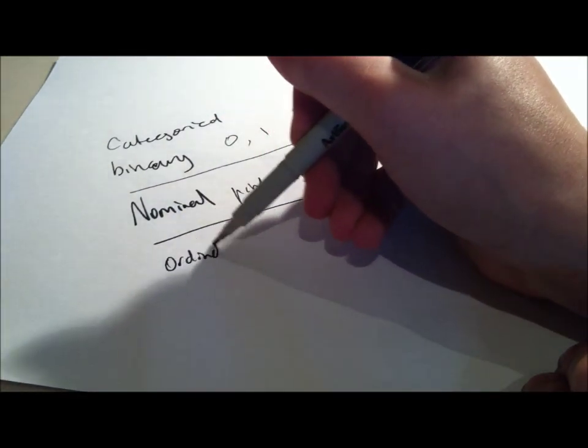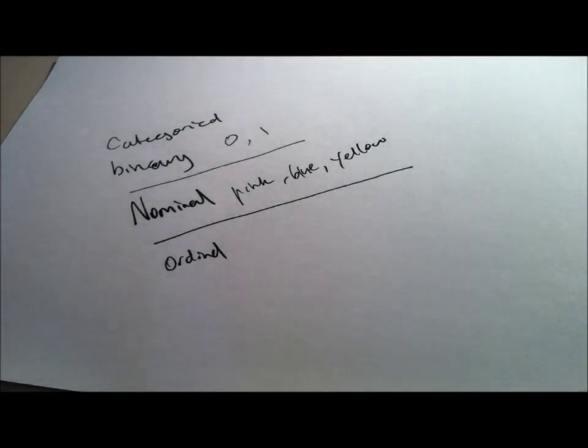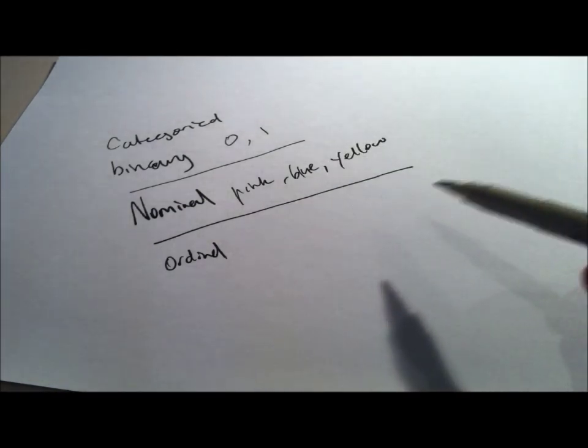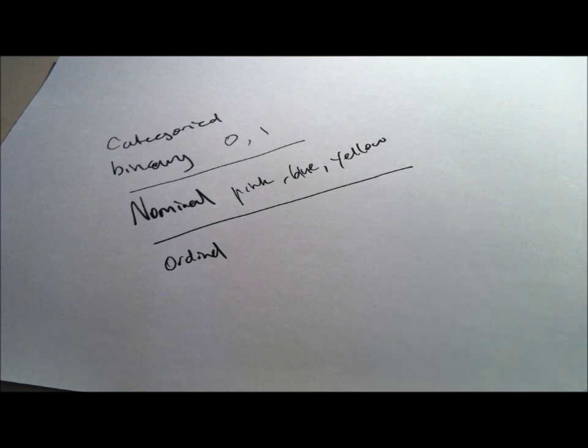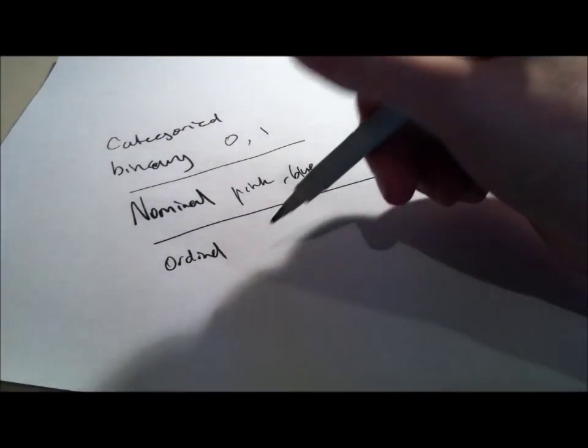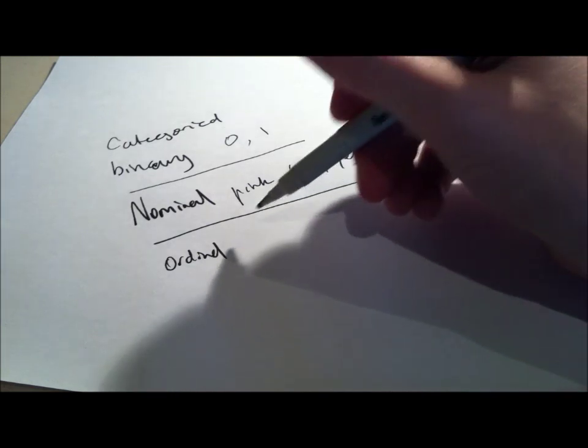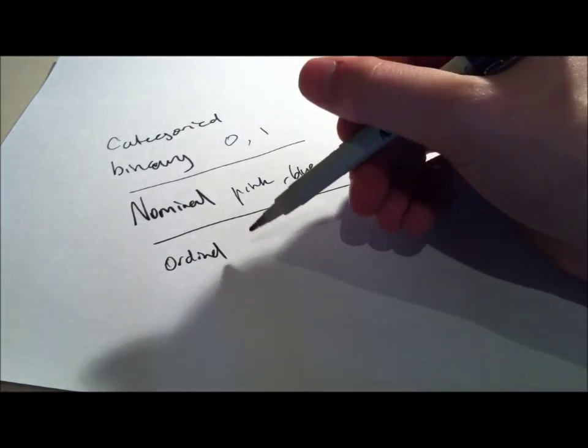Then we've got an ordinal variable. Ordinal is a bit different because the categories don't give you any idea of the space between each, but they give you an idea of the order. So say for an example, we might have 5 doses of ecstasy to give to our participants in the world's greatest experiment.